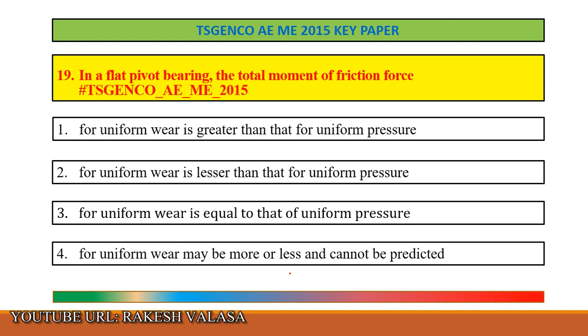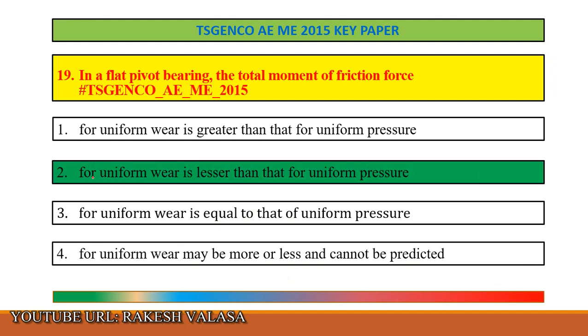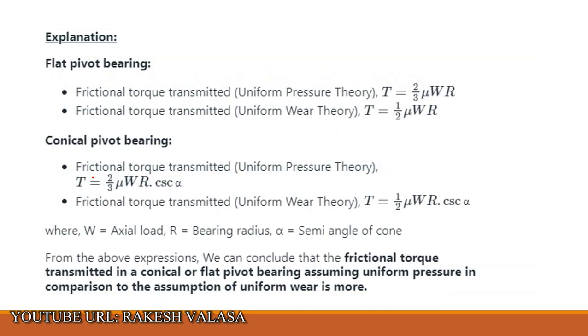The correct answer is option 2, for uniform wear is lesser than that for uniform pressure. Let us see the explanation. Flat pivot bearing. Frictional torque transmitted by using uniform pressure theory, T equal to 2 by 3 mu WR. Frictional torque transmitted through uniform wear theory, T equal to 1 by 2 mu WR.